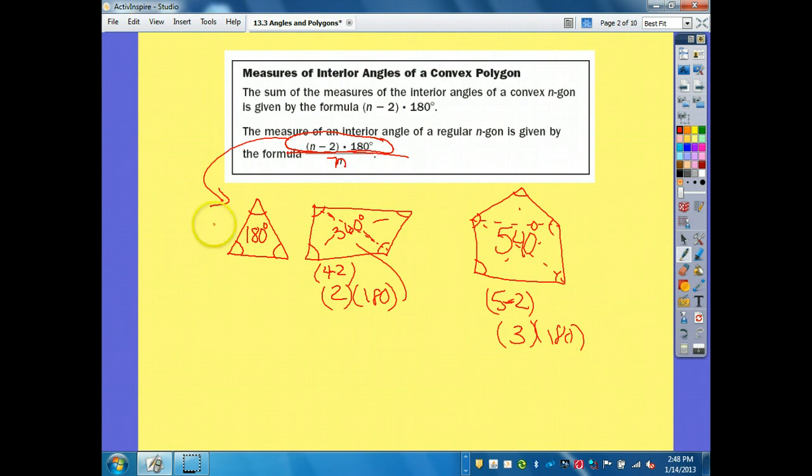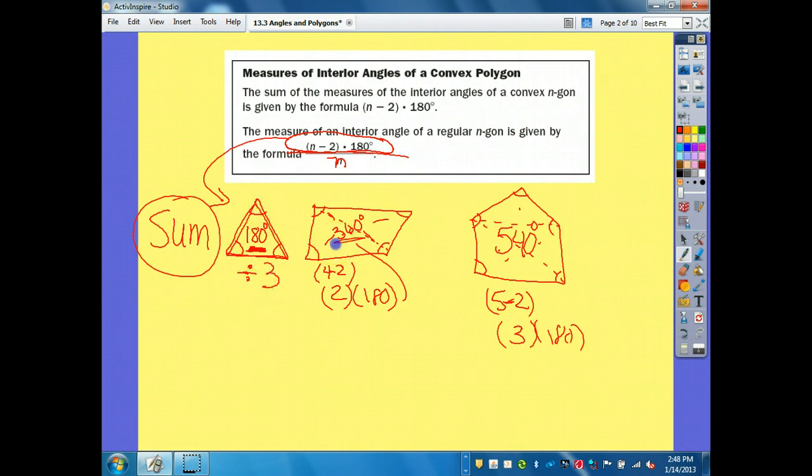Now, this 180, 360, and 540, those are the sums of all your interior angles. Now, to find the measure of an interior angle, if they're all congruent, you just take that sum, like here it's 180, and divide by the number of sides, which is 3.